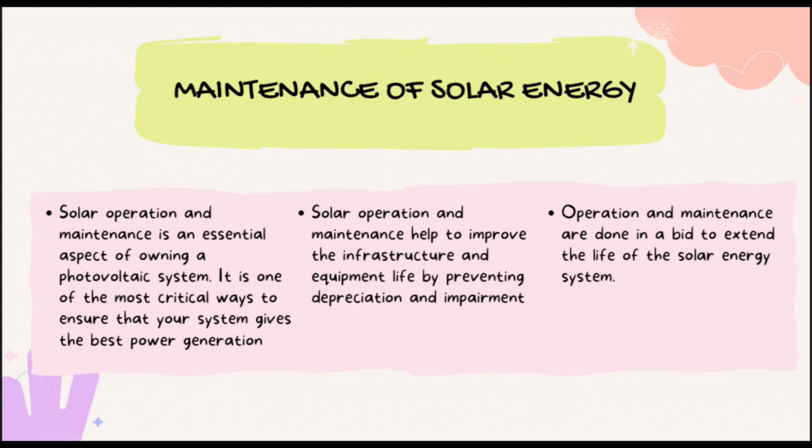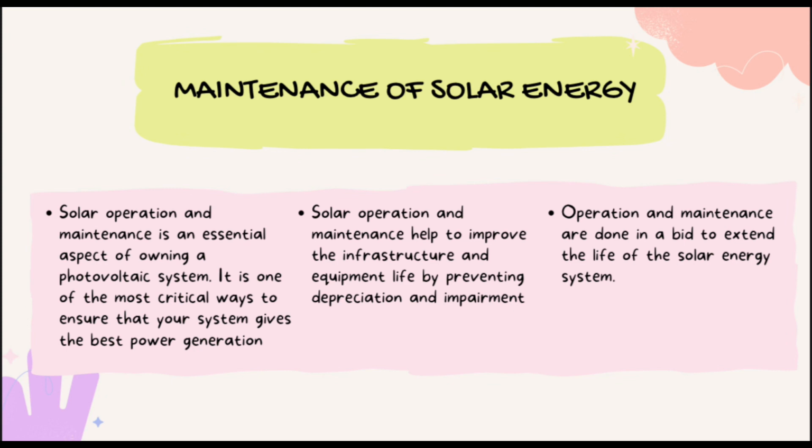Okay, next we have operation and maintenance for solar energy. The first one is an essential aspect of owning a photovoltaic system. This is one of the most critical ways to ensure that your system gives the best power generation.